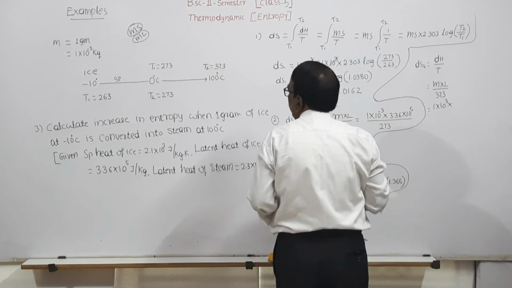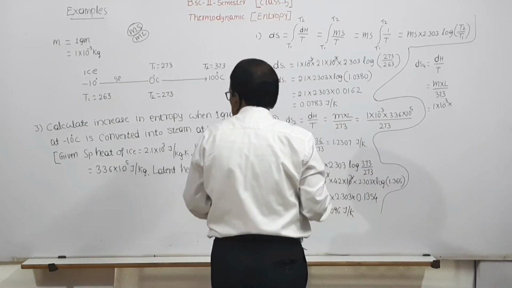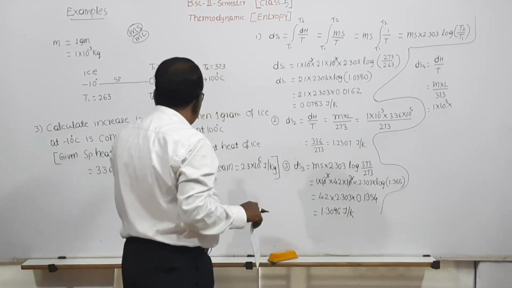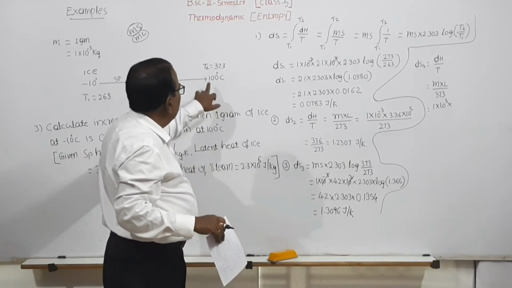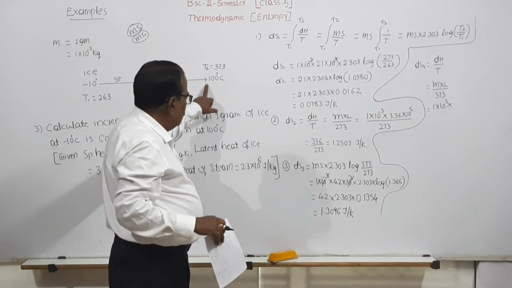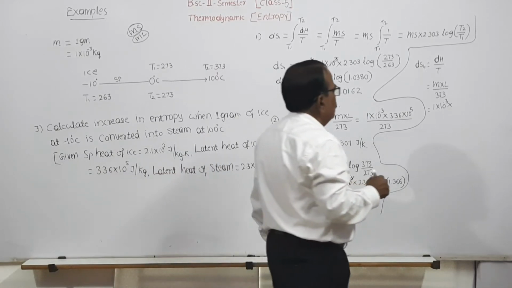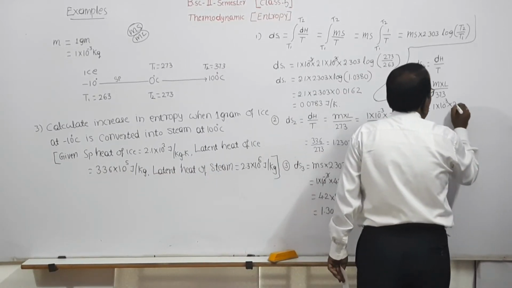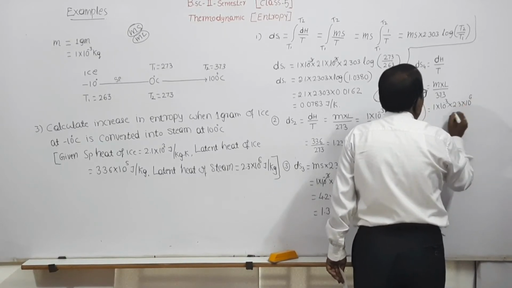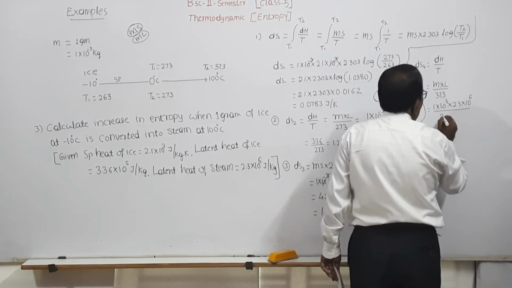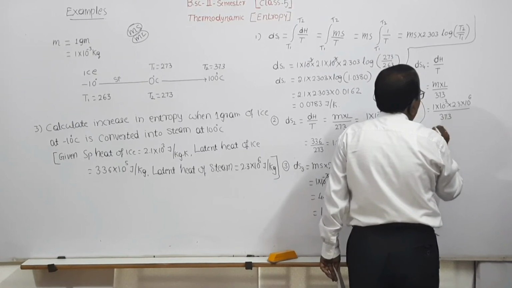What is L? L is the latent heat of steam here, because here it is converted into steam. So 2.3 into 10 raised to 6 divided by 373.